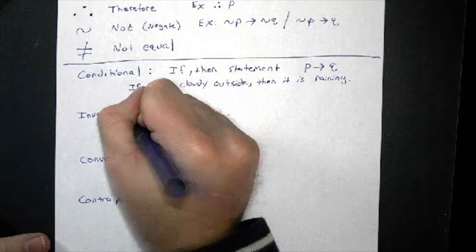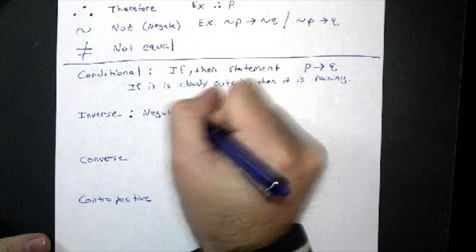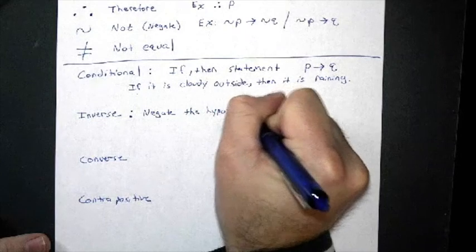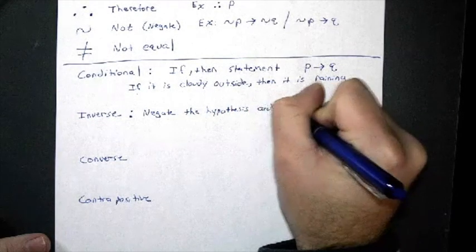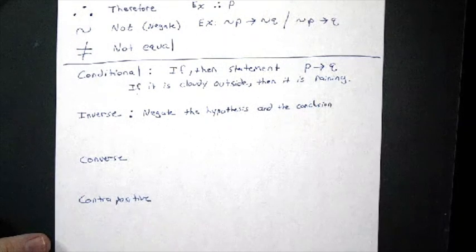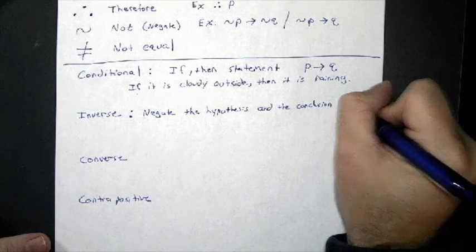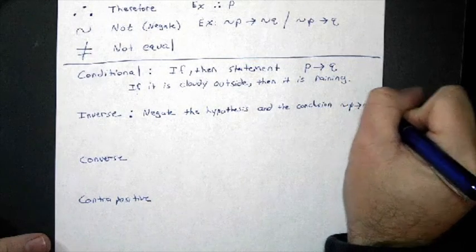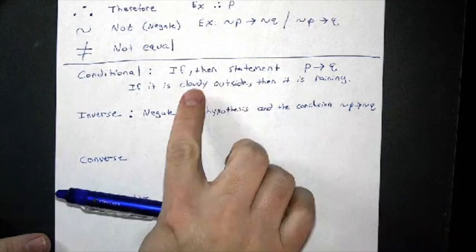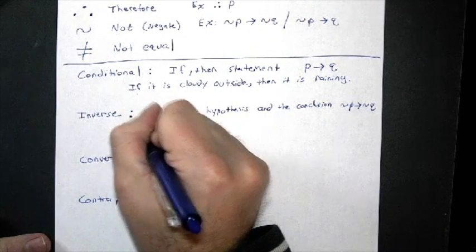So the inverse of a conditional statement is just we're going to negate the hypothesis and the conclusion. And the symbolic form for that is going to be if not P, then not Q. We read that if not P, then not Q. So going back to our original statement, let's take the inverse of that.